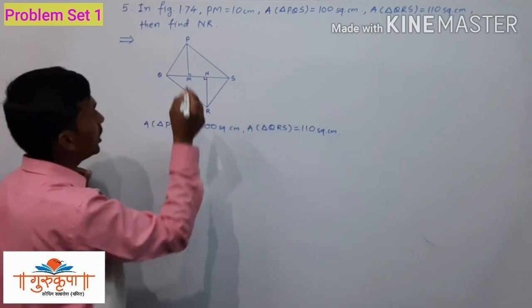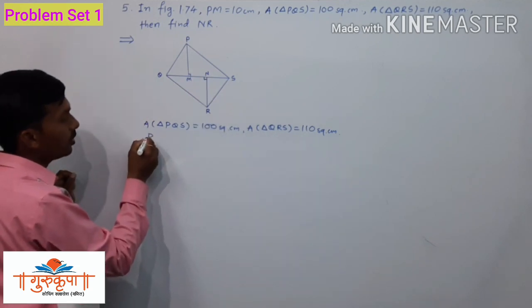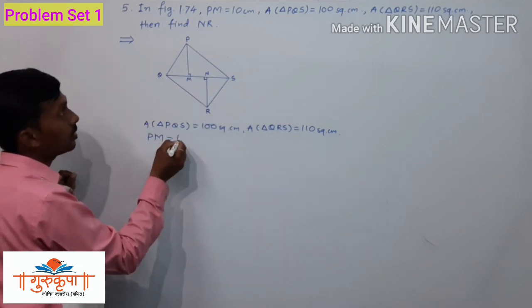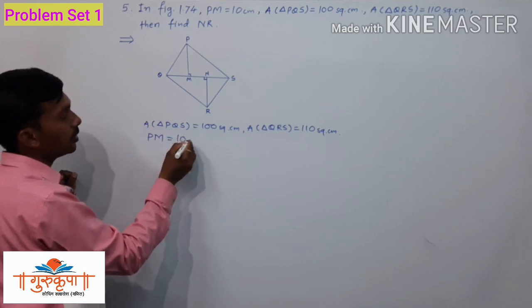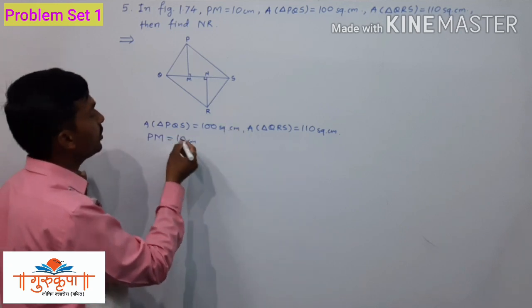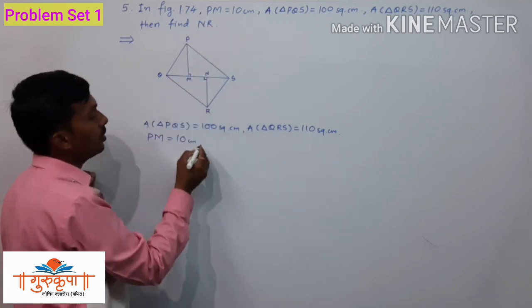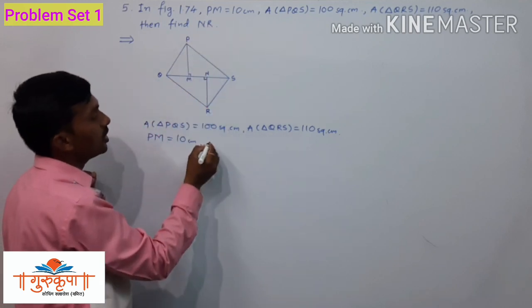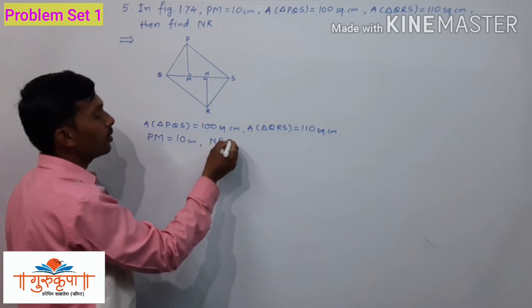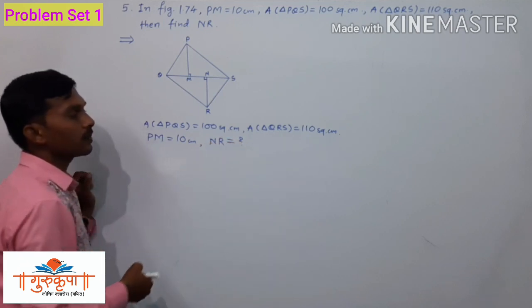It is also given that PM is equal to 10 centimeter. Since the areas are given in centimeter, it means sides are in centimeter, that is PM is equal to 10 centimeter and NR is what we have to find.